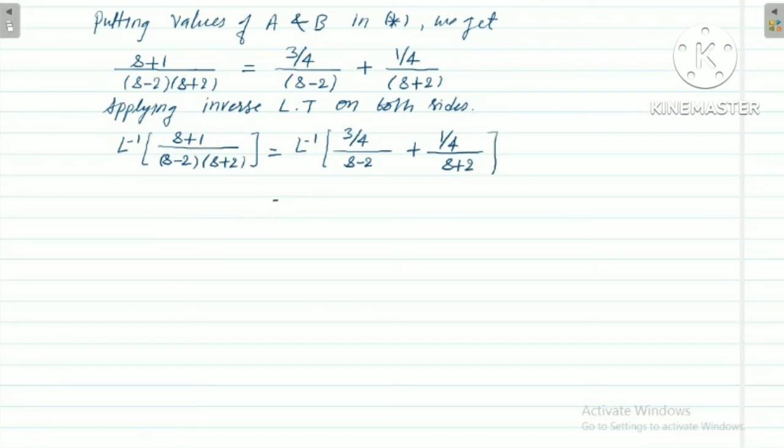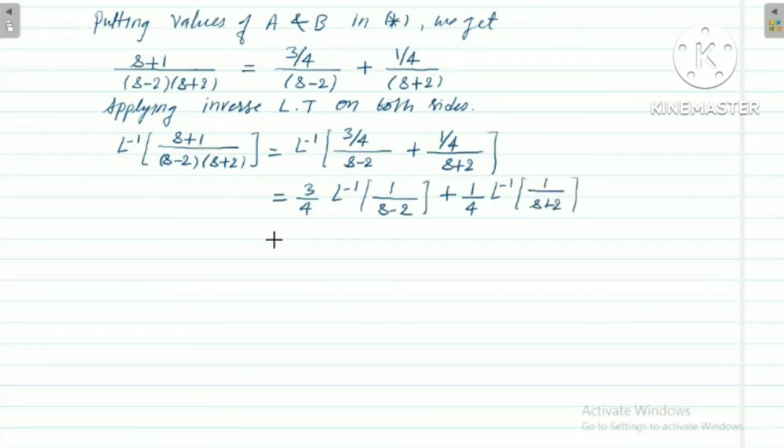Now use the linearity property. 3 by 4 is a constant, we take it outside, L inverse of 1 upon s minus 2 as the first term, and plus 1 by 4 is a constant, take it outside, L inverse of 1 upon s plus 2.